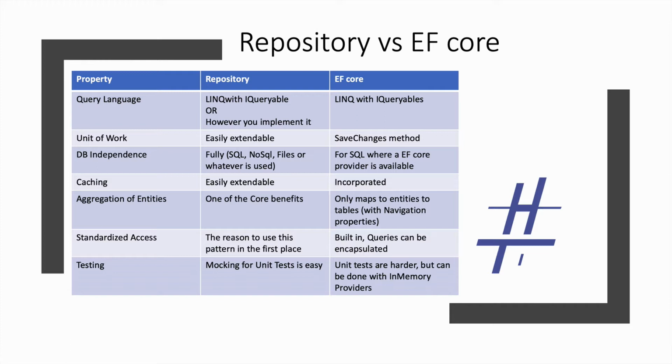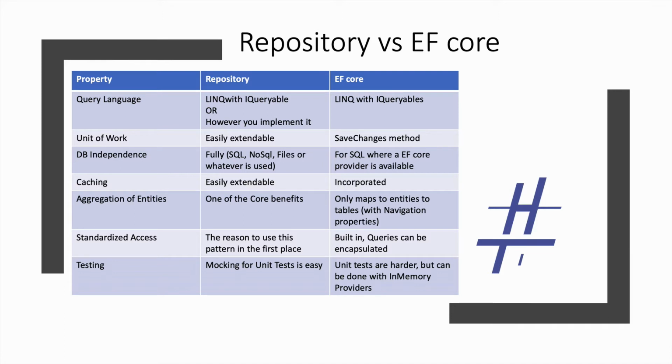Unit tests, on the other hand, for Entity Framework Core can be a little bit harder, but they can be done with in-memory providers, which are, for example, SQLite or the Entity Framework Core in-memory provider. The only problem with this one is that you have no referential integrity.